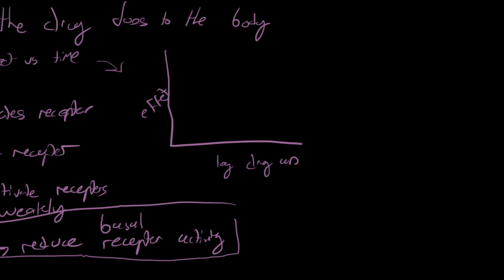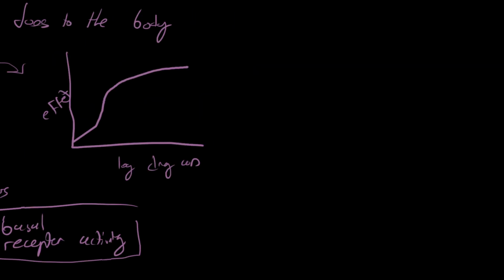Some parameters to remember: Emax is maximal effect, maximal efficacy. Then you also have your EC50, which is how much drug concentration you need to get 50% of maximal effect.